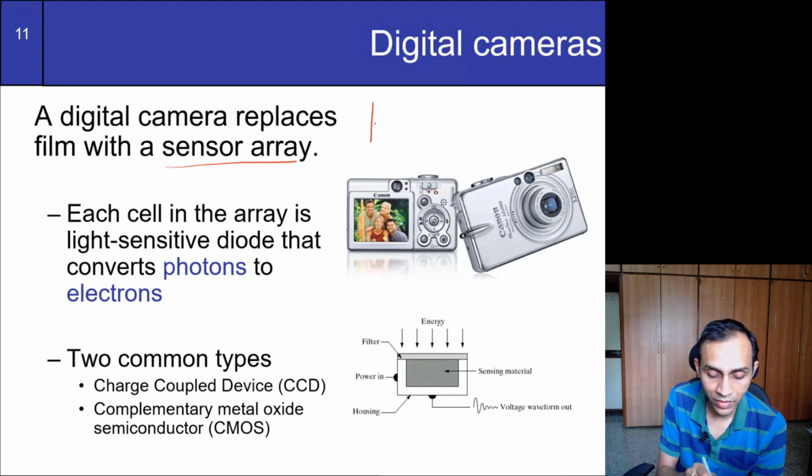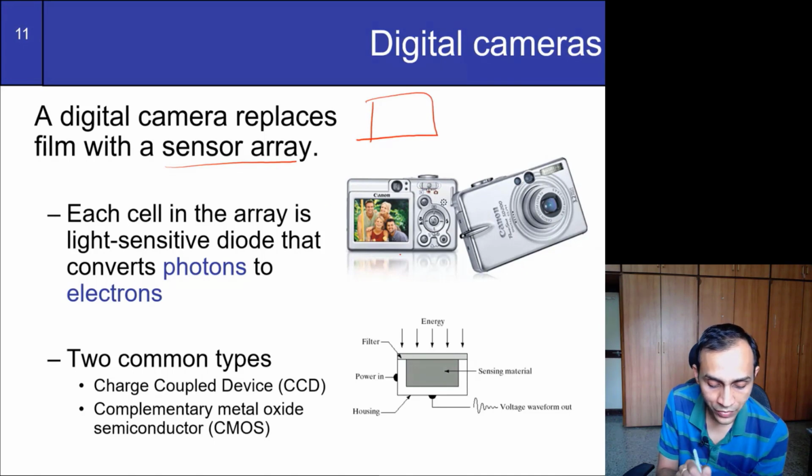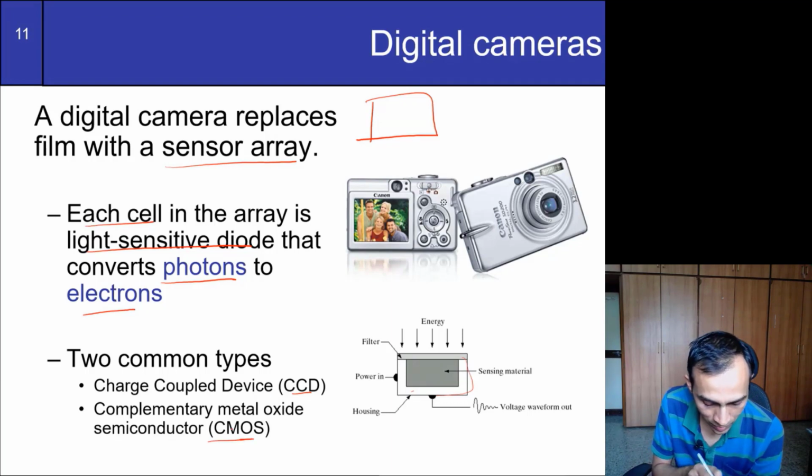Instead of a photosensitive surface or film, we have an array of sensors, and each cell is a light sensitive diode, which converts the incident photons to electrons. There are two types of this. One is called charge coupled device, CCD, and the other is called CMOS. CMOS is more recent and of better quality. CCD was the earlier standard.